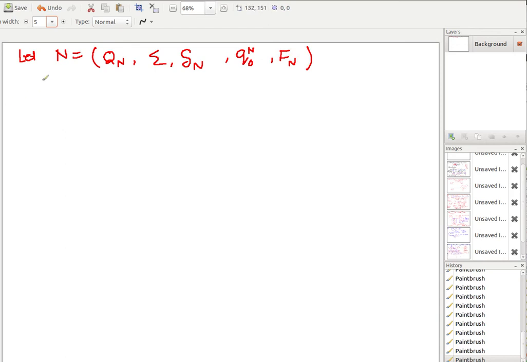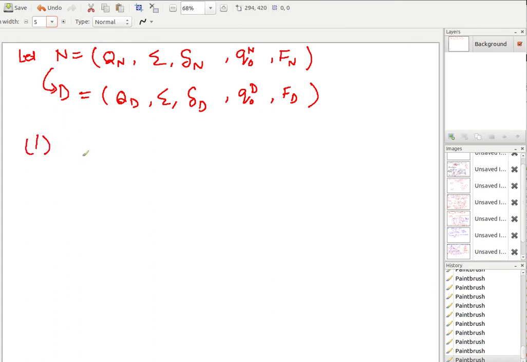Then we can construct a DFA based on the same, defining QD, sigma, delta D, Q0D, and then FD. Sigma will remain the same because we are not changing sigma. Now, given an NFA, I have to construct a DFA. So this is something called proof by construction.